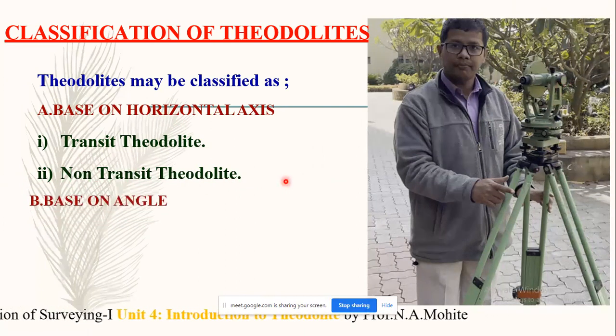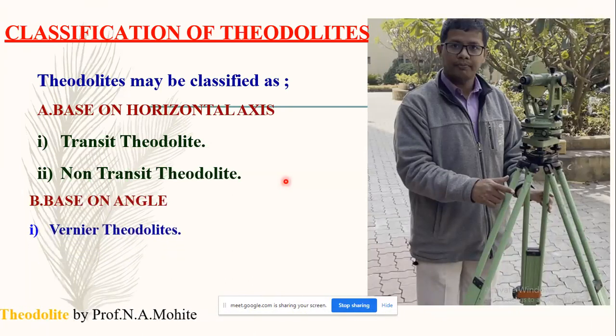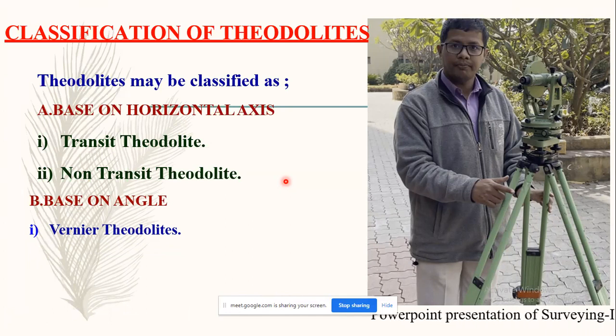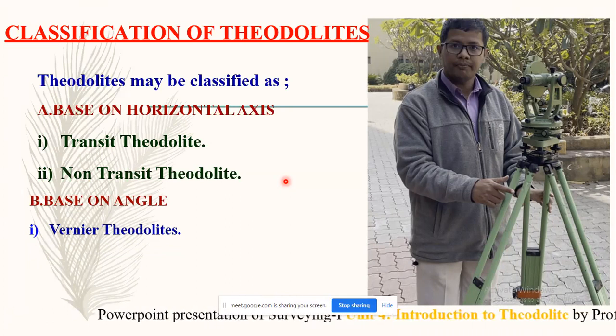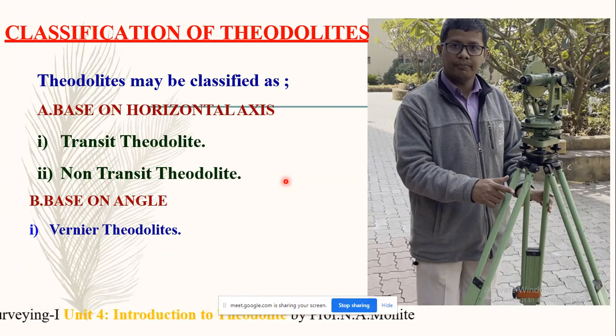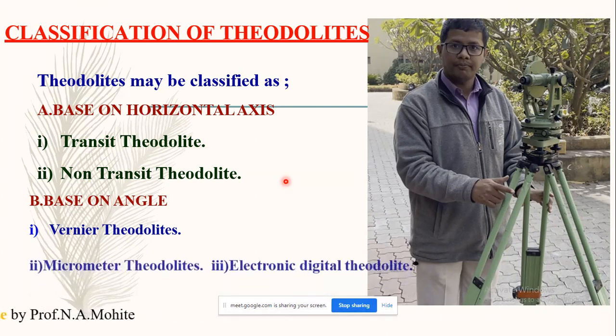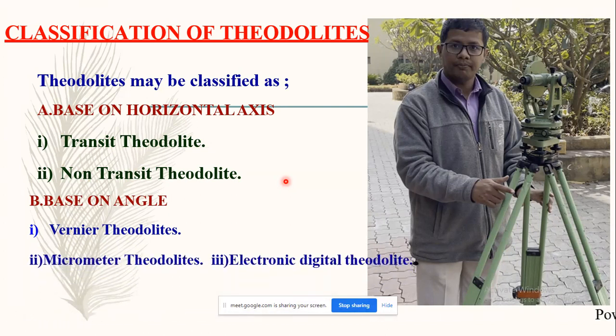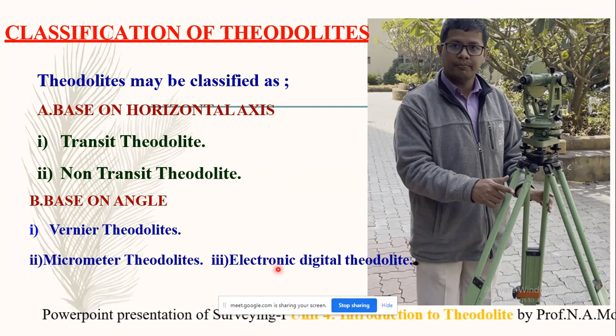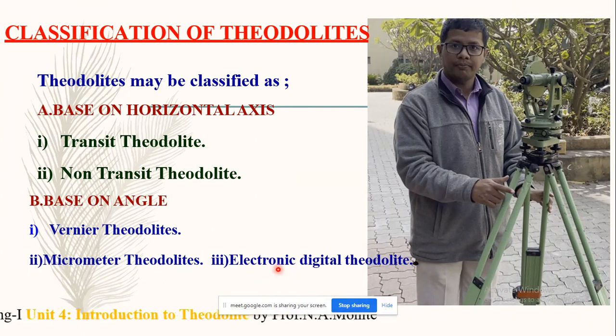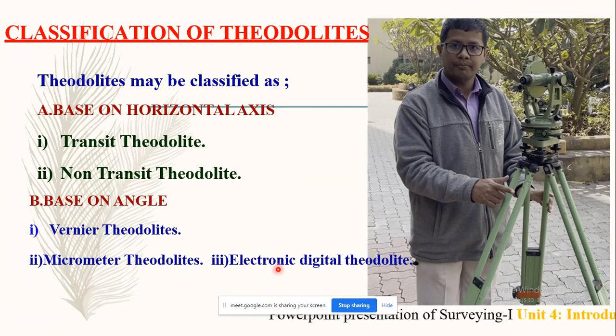And next, based on angle reading. When it has been fitted with a vernier scale, it is called a vernier theodolite. When it has been fitted with a micrometer, it is called a micrometer theodolite. And the third one is the electronic digital theodolite, in which you get digital readings directly.